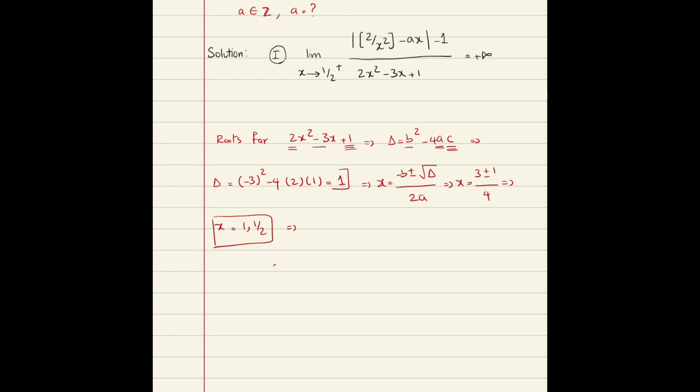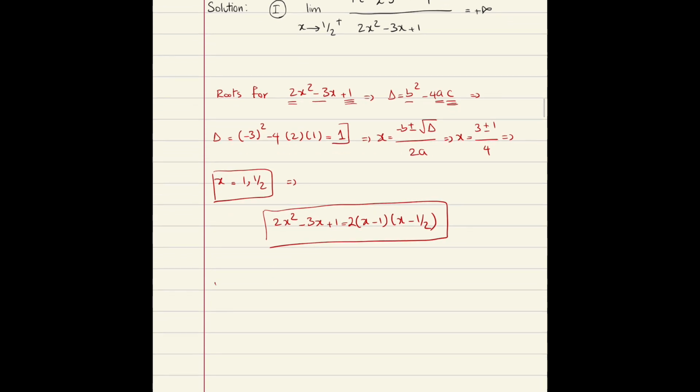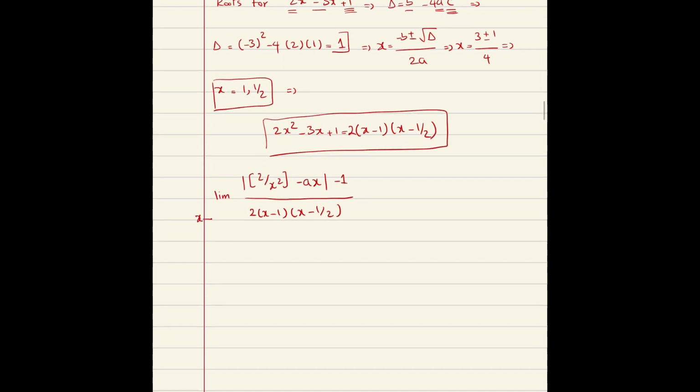So we can rewrite the denominator as 2 times x minus 1 times x minus 1/2. So it will be the limit of the absolute value of square bracket 2/x⁴ minus ax minus 1 over 2 times x minus 1 times x minus 1/2, as x approaches 1/2 from the right hand side.